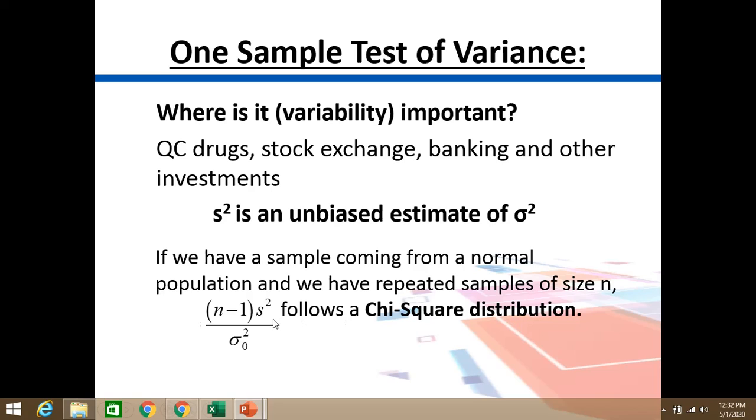So we do this test like this: n minus 1, the degrees of freedom, into s square, divided by the variance under the null, and the resultant value is our chi-square calculated. Then we go to the chi-square distribution, find the chi-square critical, compare it with what we have obtained here, and test our hypothesis.